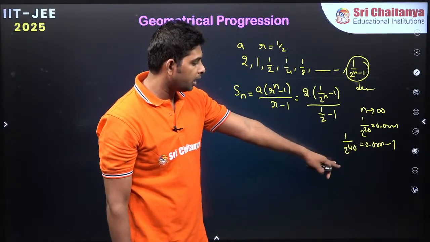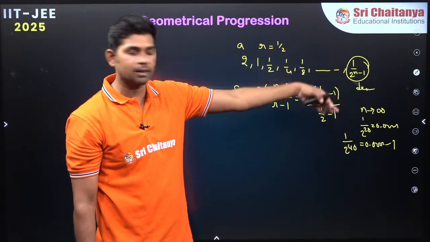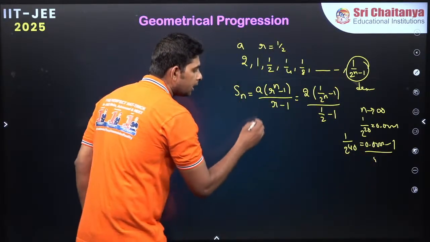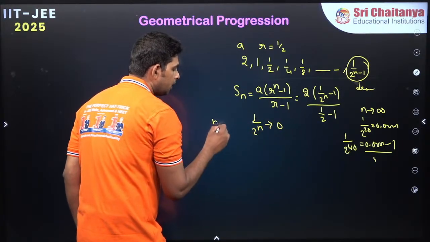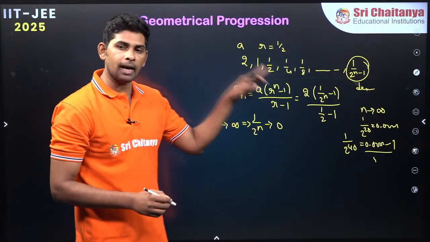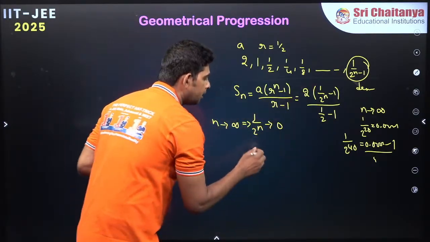Then if you take more than this, n becoming larger and larger, you can see this is approaching 0. So 1 by 2 power n is tending to 0 if n is tending to infinity. You can see that this is not exactly 0, but it is tending to 0.